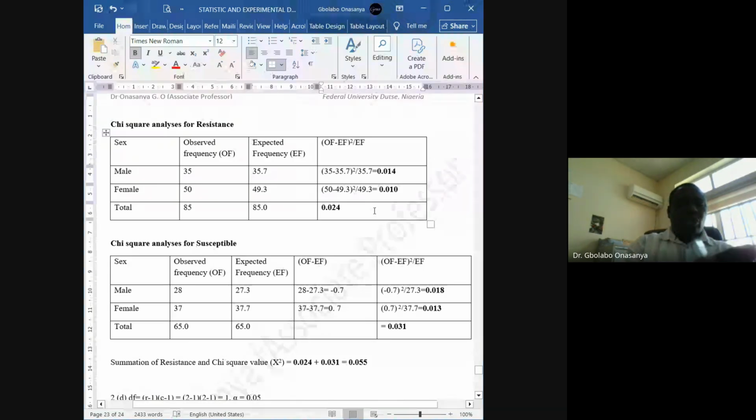Now, the total chi-square value, X squared.